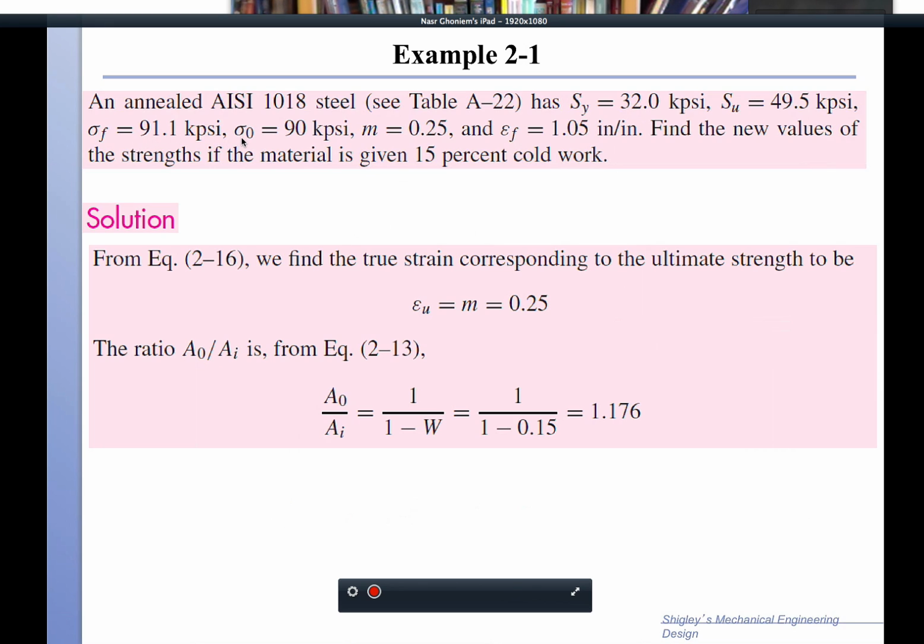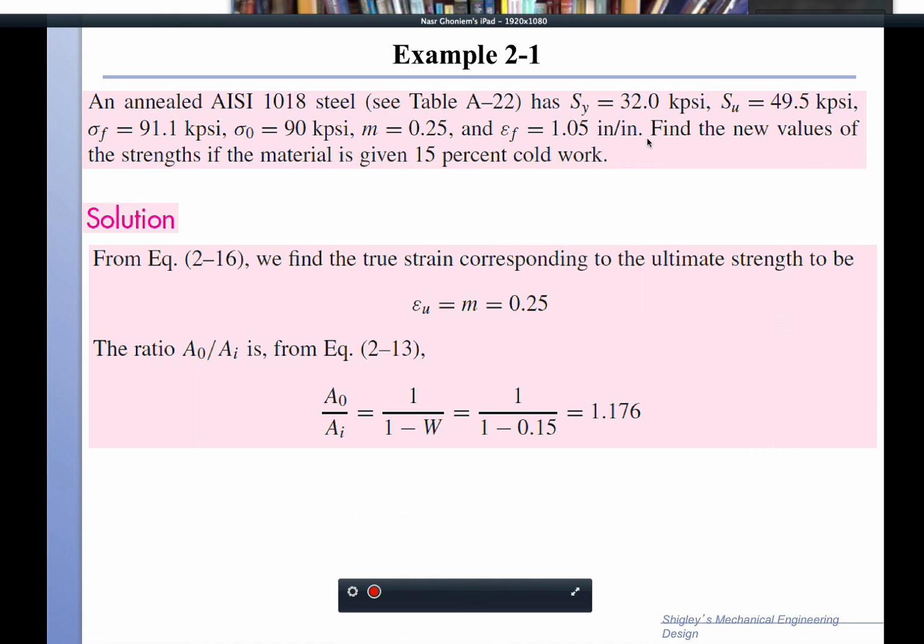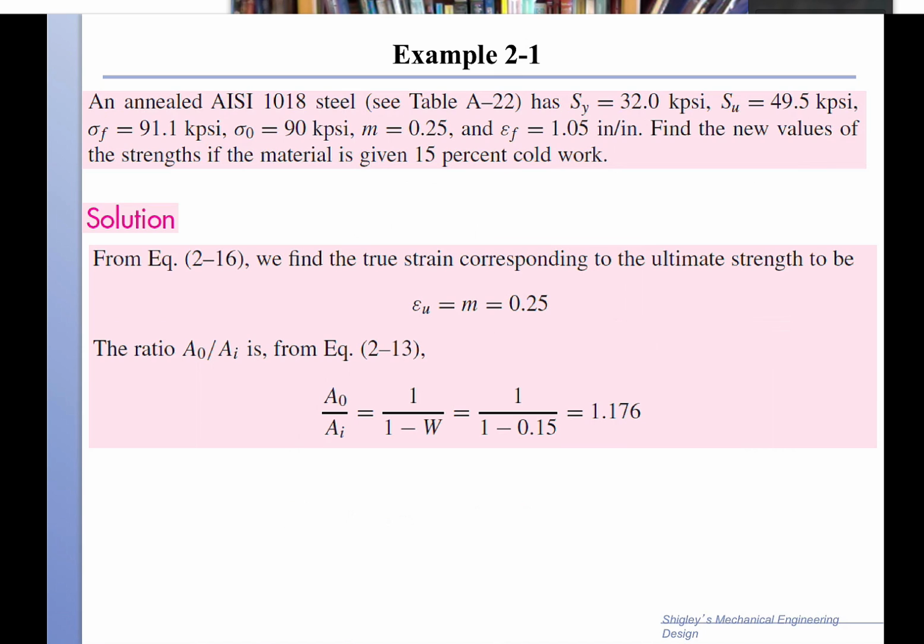Then you have the two parameters that I was describing. The strength coefficient is 90, and the strain hardening exponent is a quarter, and the strain at fracture is 1.05, meaning 105%. So we want to find the new value of the strength of the material given a 15% cold work. So 15% cold work means that W is equal to 0.15.